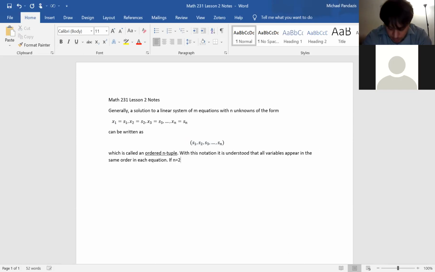If n equals 2, then the n tuple is called an ordered pair. If n equals 3, then it is called an ordered triple.